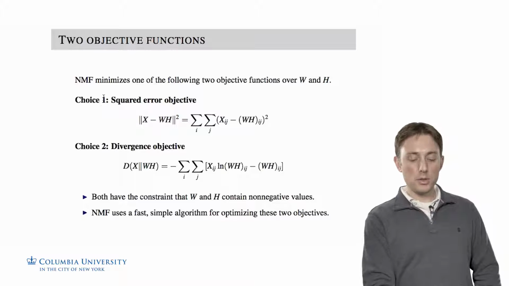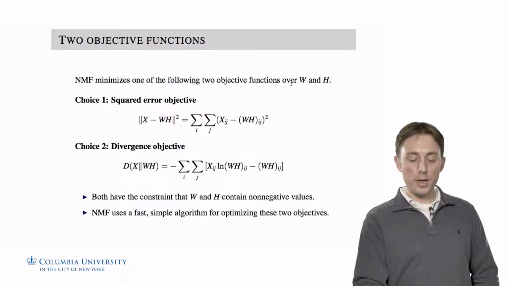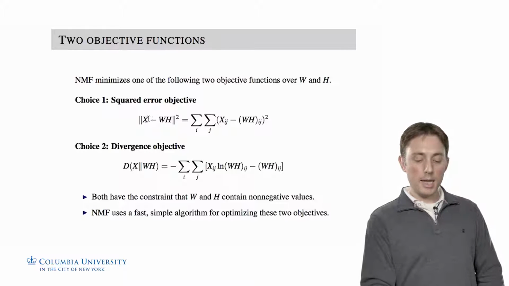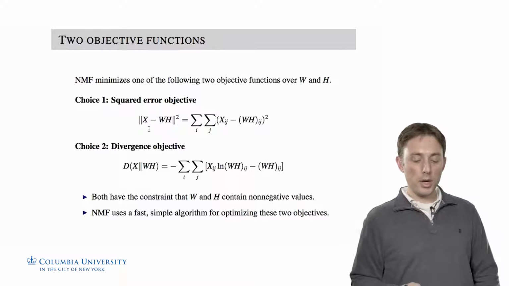First, there's one choice, which is to try to minimize the sum of squared errors. If we approximate X as a product of the non-negative matrix W and the non-negative matrix H, then we take X and subtract our approximation of it. This is the error of our approximation.